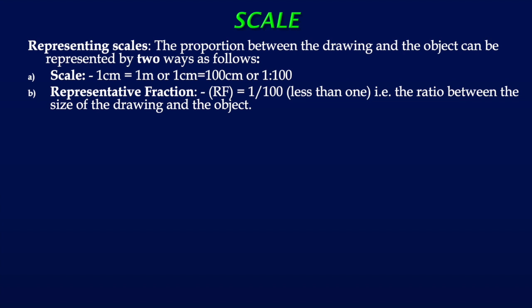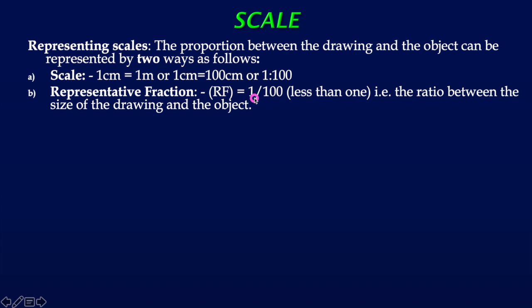As I have told you, different types of scales are there, whether we need to reduce or enlarge. Based on that, how much reduction or enlargement is there, that ratio is called representative fraction, or RF. Shortly we'll write RF. So what is that?